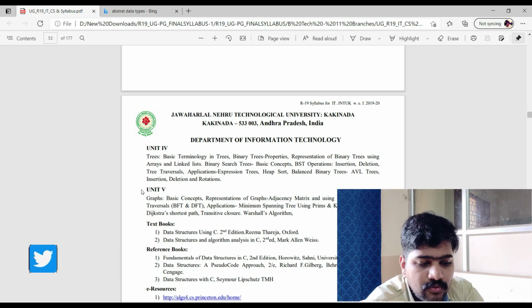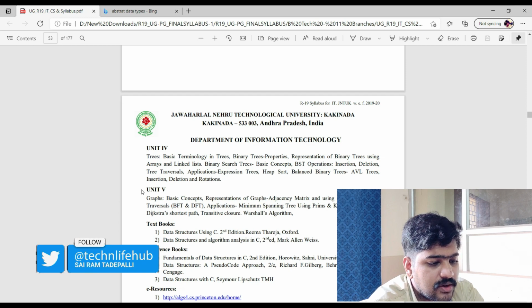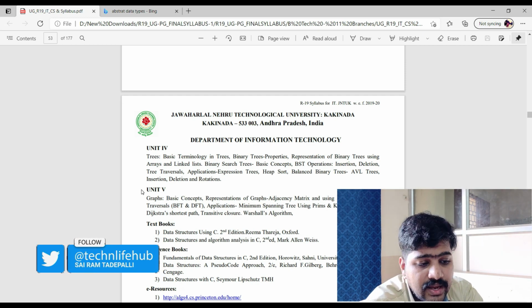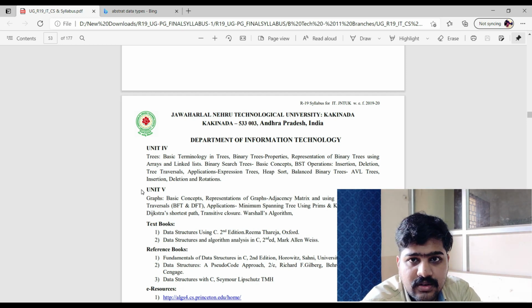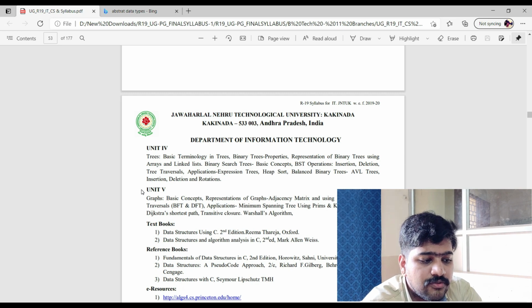Only one or two. There is a high chance of getting Warshall's algorithm or Kruskal's algorithm, and either BFS or DFS will be there. So try to focus on these few concepts.